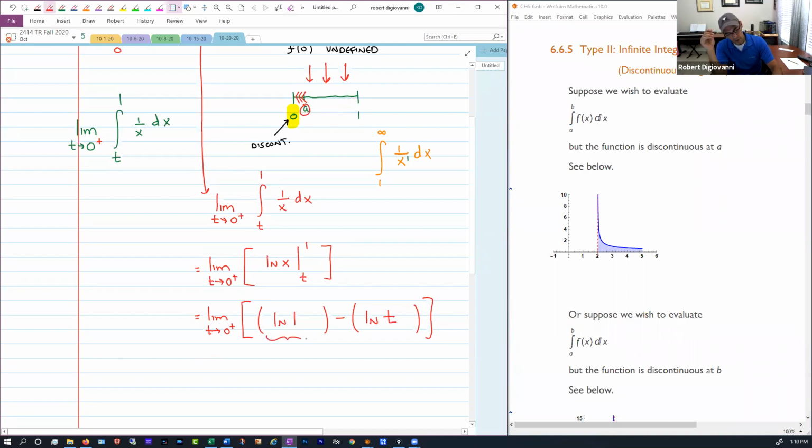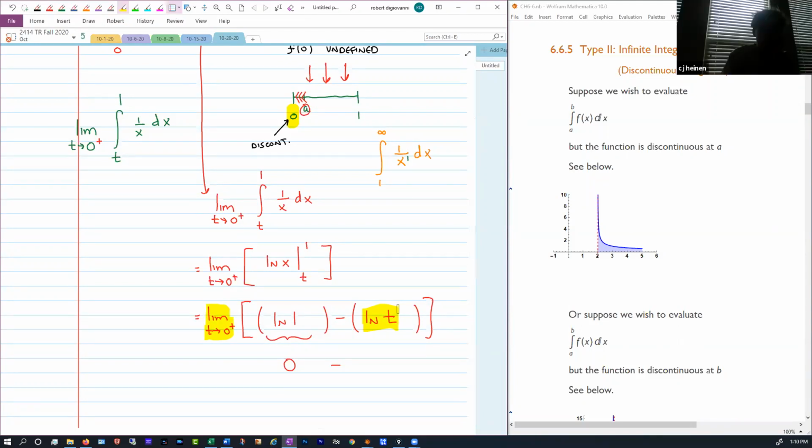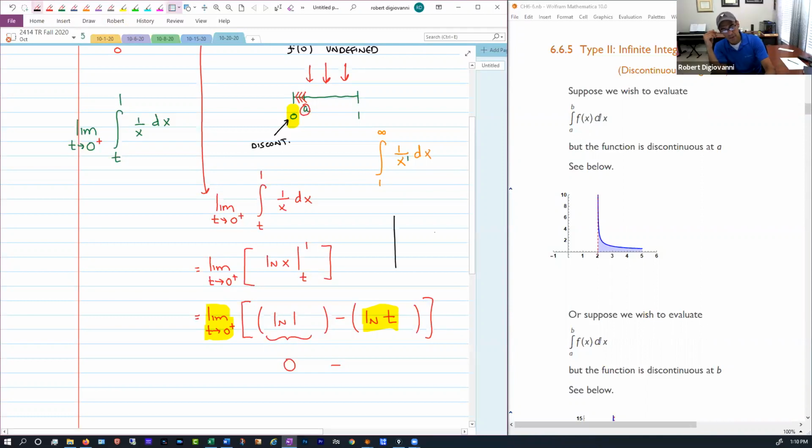The natural log of 1 is 0 minus, now what we're doing is taking the limit as t approaches 0 from the right of natural log of t. Where is that headed? Negative infinity, right?